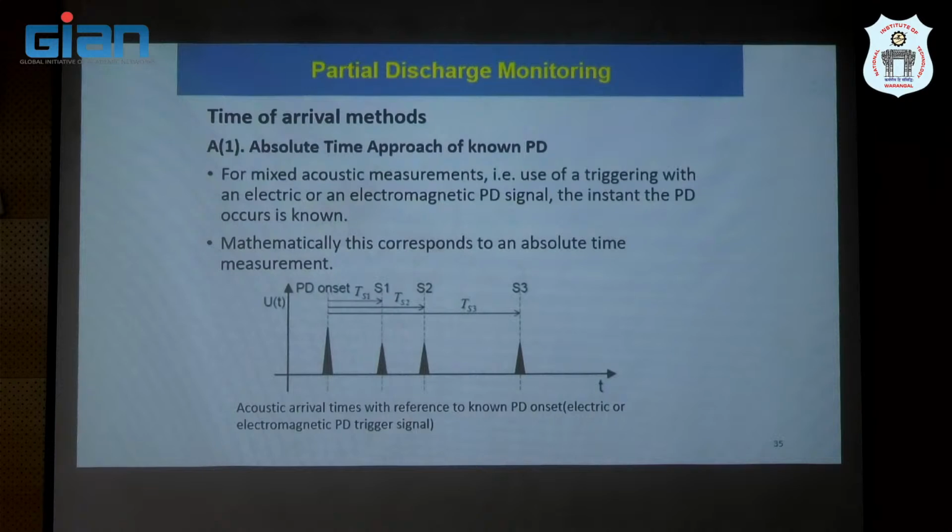These are for the acoustic sensors. When you place different sensors, even different UHF sensors, how can I do the localization? Somewhere it is occurring, so how do I localize it? I can use multiple sensors, and we can even go with a multi-fusion sensor technique.